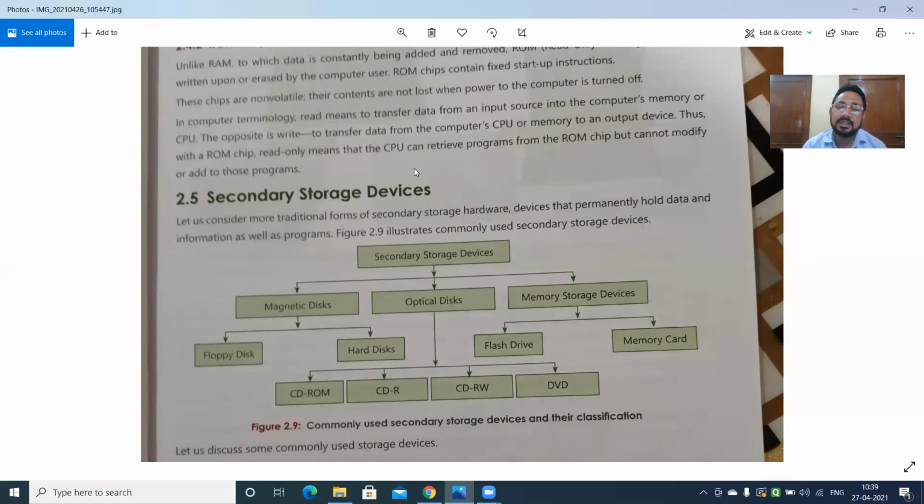Secondary storage devices are magnetic disk, optical disk, and memory storage devices. So they are divided into three parts, and the magnetic disks are floppy disk and hard disk. Floppy disks are nowadays not used. Just now I do not have a floppy disk, otherwise I could show it to you.